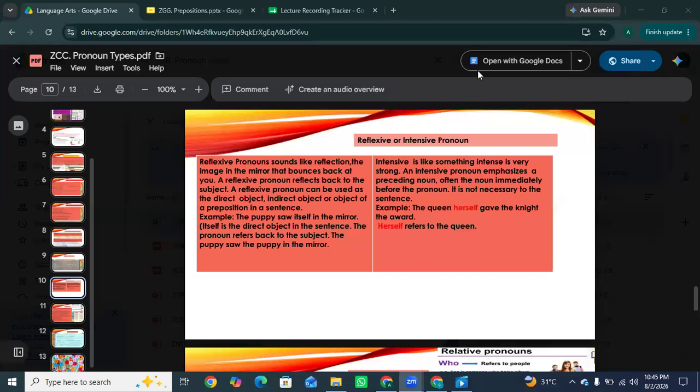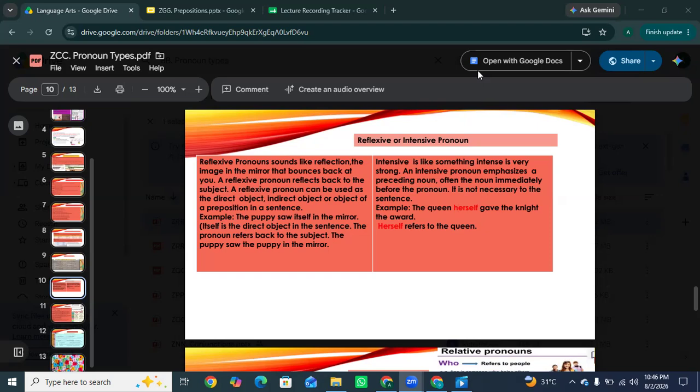Okay, students, before completing the activity, I will give you an overview of intensive pronouns too, because the activity also contains some intensive pronouns. Okay, so reflexive pronouns. As I have told you, think of a reflexive pronoun like a reflection in a mirror. The action done by the subject bounces back onto the subject itself. So the subject, who does the action, and the object, who receives the action, are the exact same person or thing.